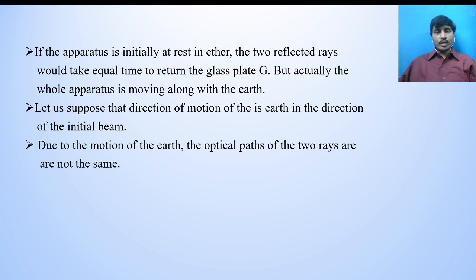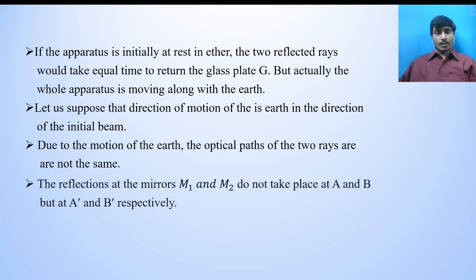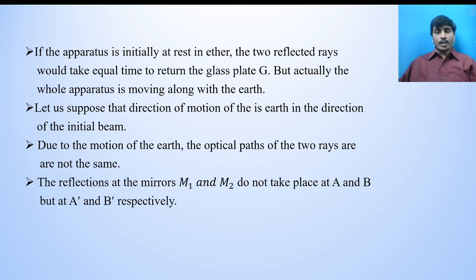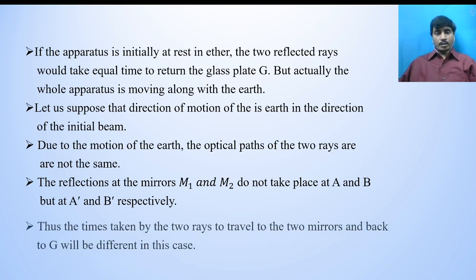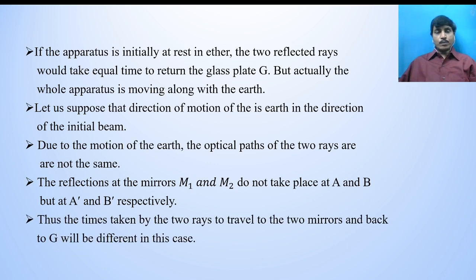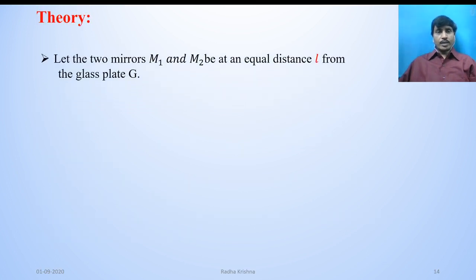Due to the motion of the Earth, the optical paths of the two rays are not the same. The reflections at the mirrors M1 and M2 do not take place at A and B, but at A' and B' respectively due to the motion of the Earth. Thus, the times taken by the two rays to travel to the two mirrors and back to G will be different in this case.